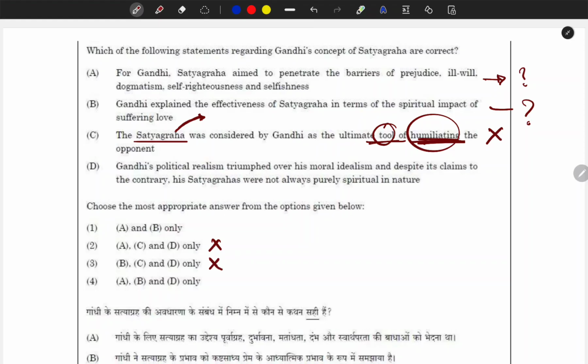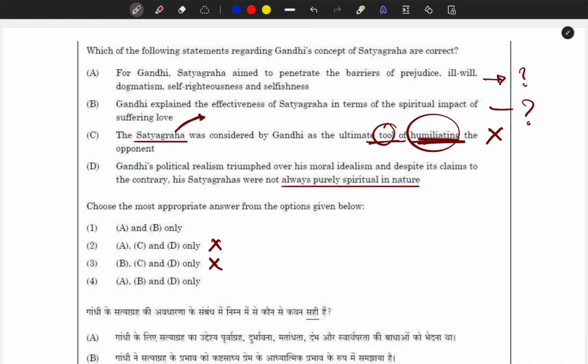Again, Gandhi's political realism triumphed over his moral idealism, and despite its claim to the contrary, his satyagrahas were not always purely spiritual in nature. Is this correct? For me, this is correct because Satyagraha and non-violence were not practiced in isolation.